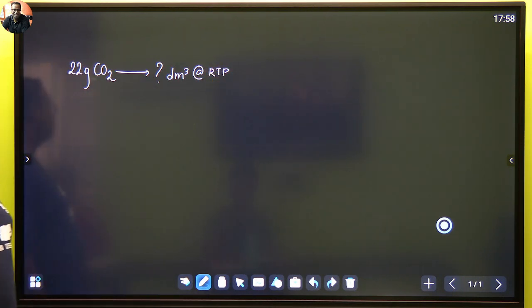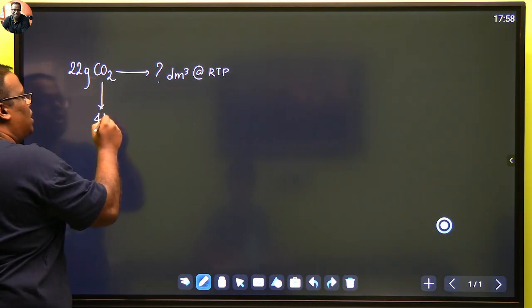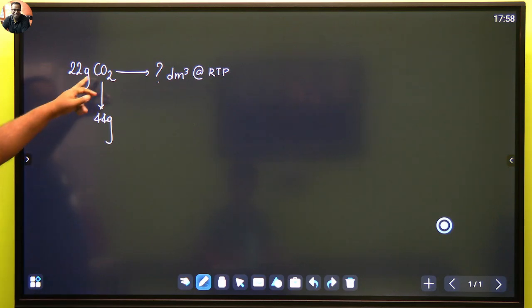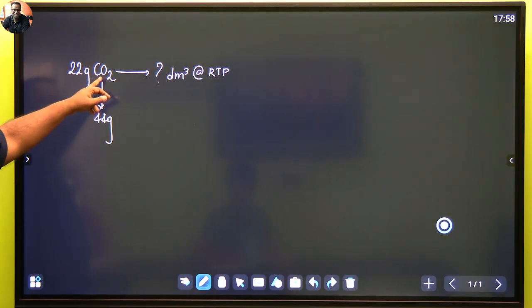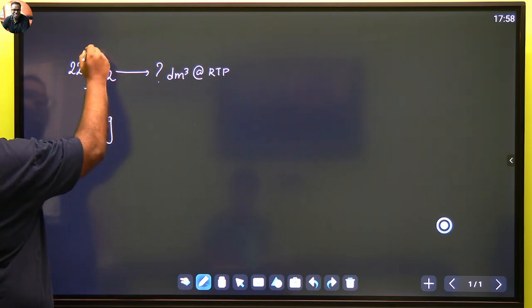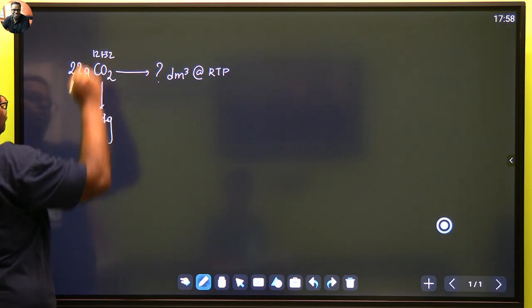First try to find out the molar mass of CO2. I know molar mass of CO2 is always 44 grams. Carbon is 12 plus 2 of oxygen, 32. So this is 44.